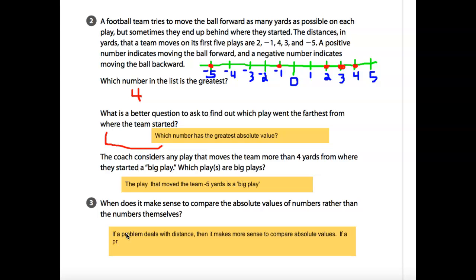If a problem deals with value, then it makes sense to compare the numbers, and we know that positives are always greater than negatives. All right, I hope that helped you. Let's move on to the next page.